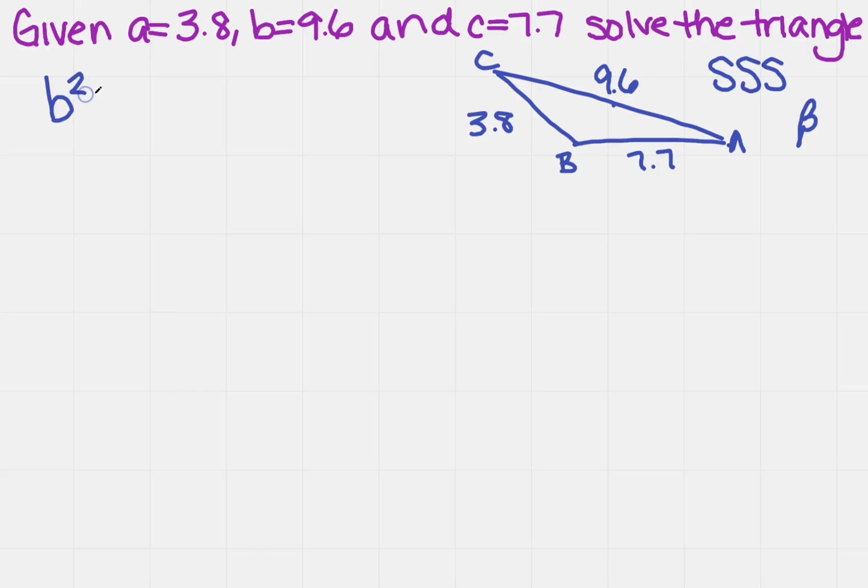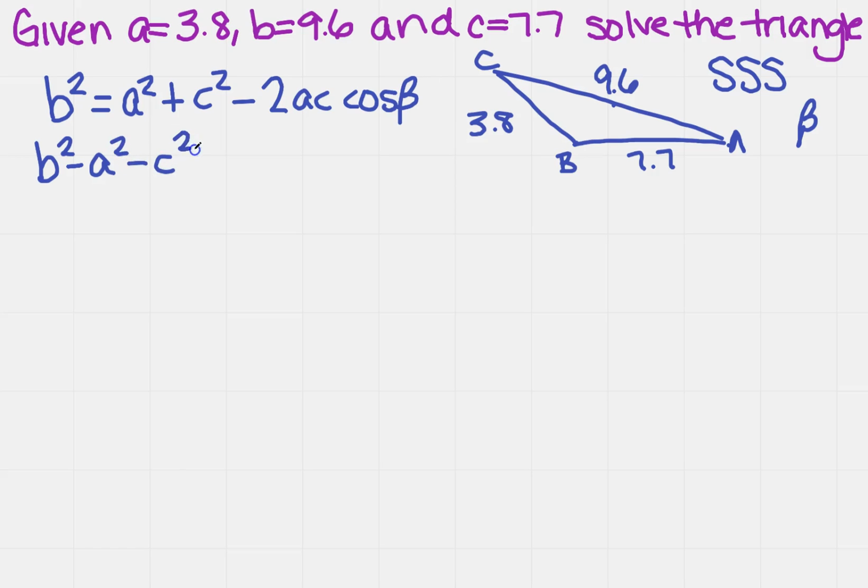So I've got b squared equals a squared plus c squared minus 2ac cosine of beta. And then I want to solve, so I've got b squared minus a squared minus c squared divided by minus 2ac, and that's going to give me the cosine of beta.